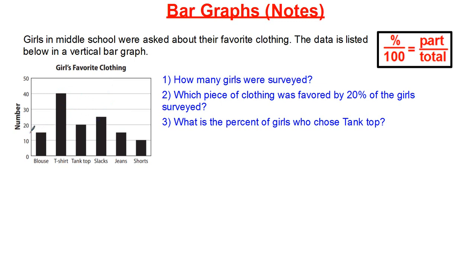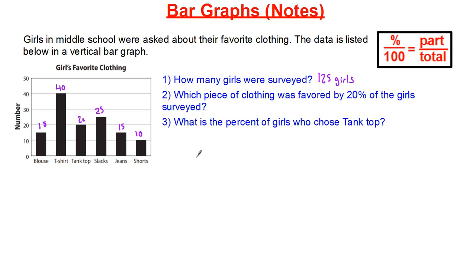So in terms of scale, this should be 15. So that's 15, 40, 20, in the middle of 20 and 30, so that's 25, 15, and then lastly 10. Right, so when I go ahead and add everything up, I have 125 girls that were surveyed.